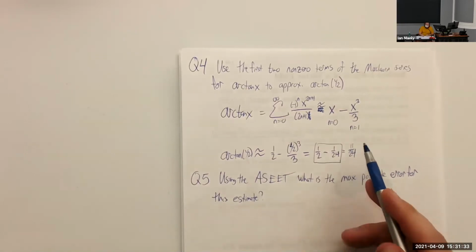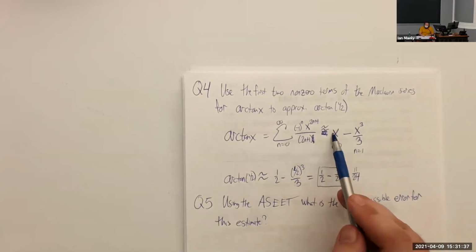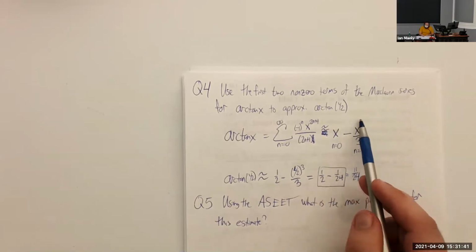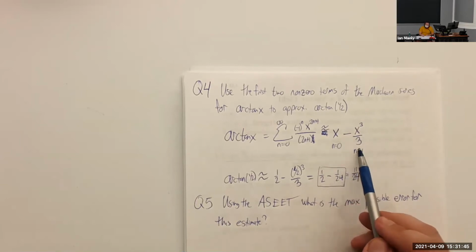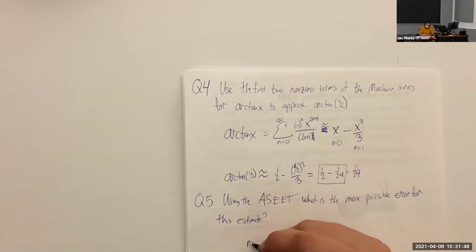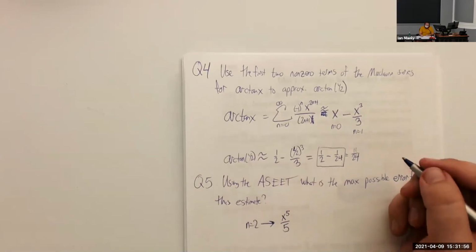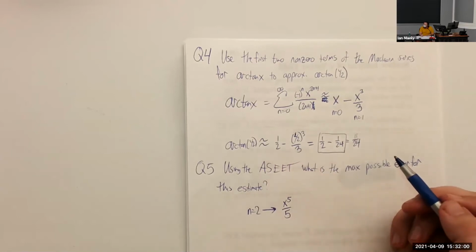So how do we get an upper bound on the error for an alternating series? What we do is go to the next term that we would have included in our series. We included n equals 0 and n equals 1. Let's see what happens when we put n equals 2 into here. The n equals 2 part of the series will give us x to the 5th over 5. Now, we didn't just have a general x, we specifically used x is 1/2.